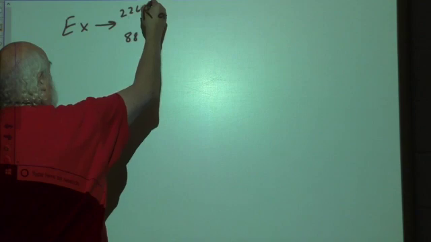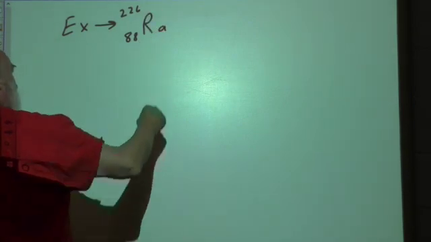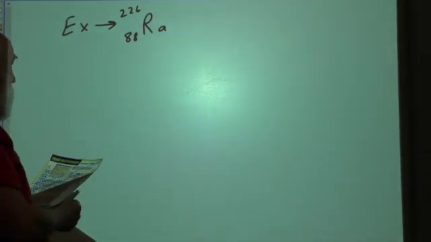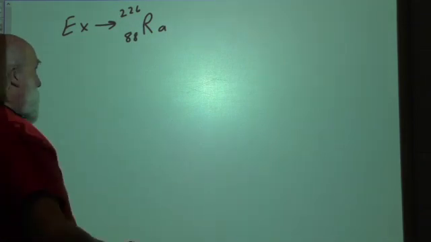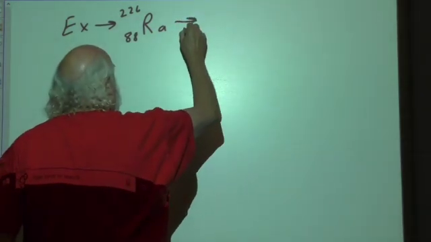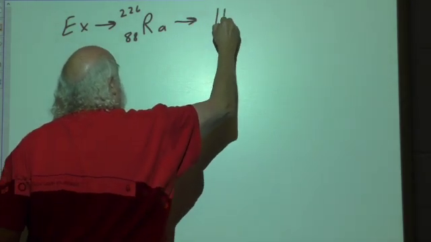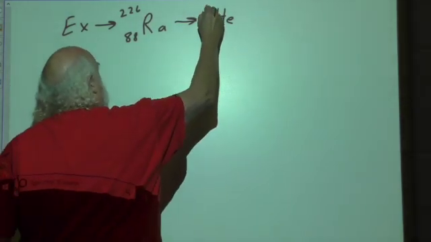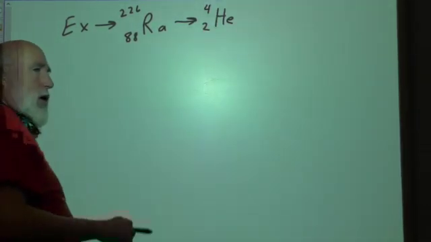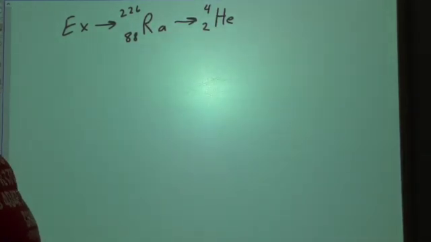And so you put your atomic number up here and your atomic mass down here. And it says it goes through an alpha decay. Now what that means is that you're going to get helium-4 2 as a particle being kicked out of the radium.